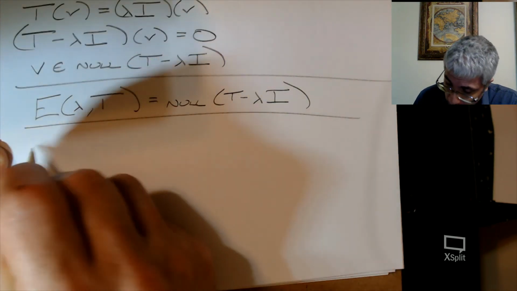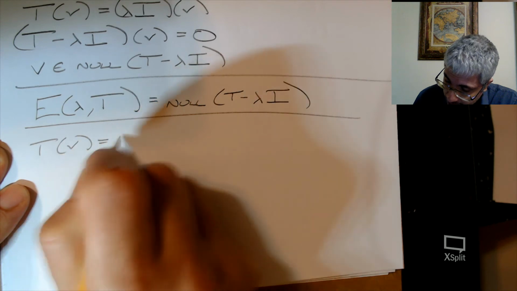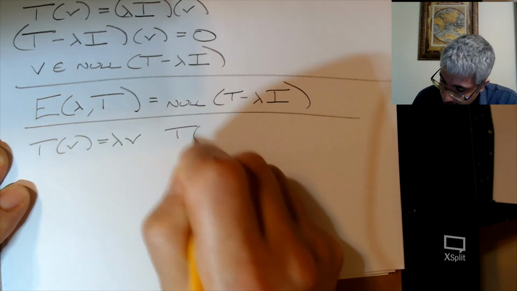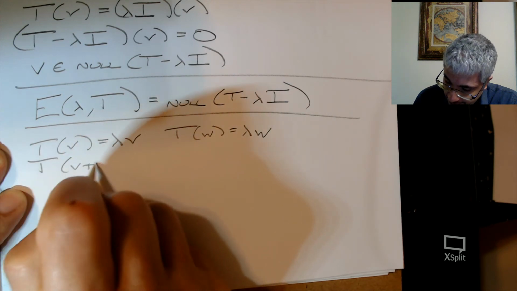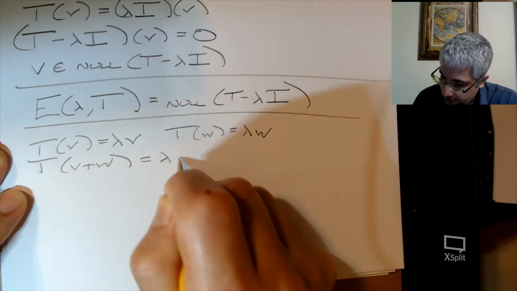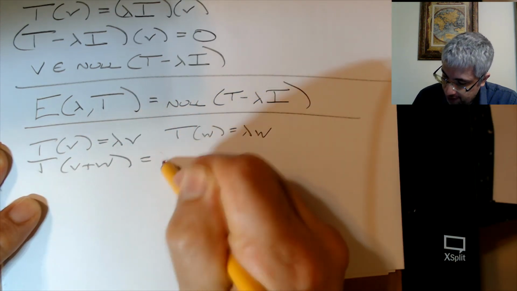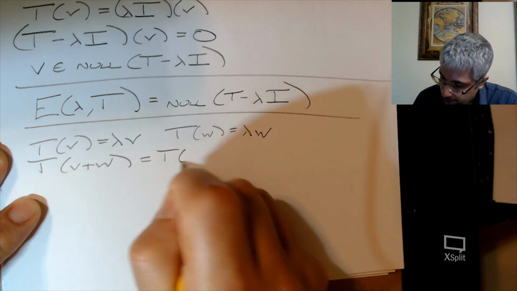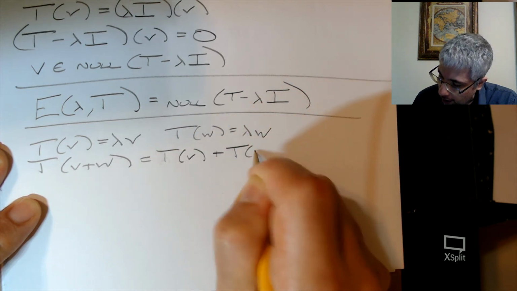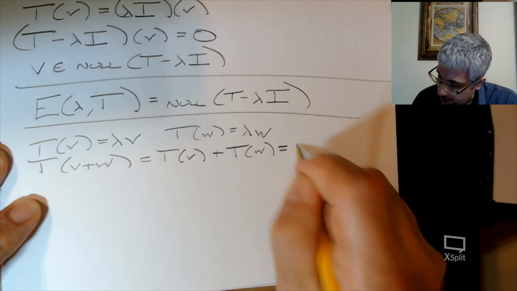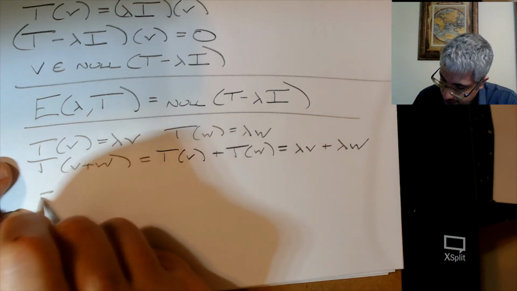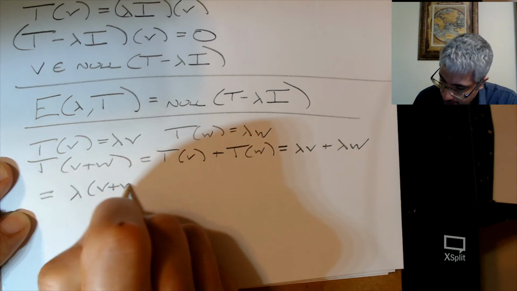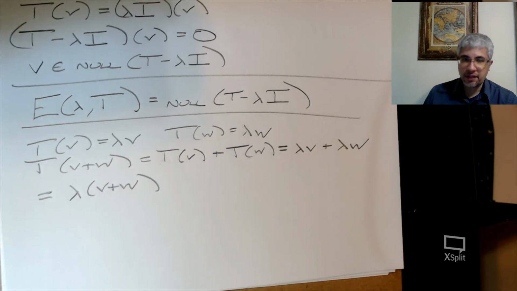Because you know that if T of V equals lambda V and T of W equals lambda W, then T of V plus W is, by definition, because it's linear, let's not skip a step, lambda V plus lambda W, which is lambda times V plus W, which shows that this is an eigenvector. And of course, for scalars, it's similar.